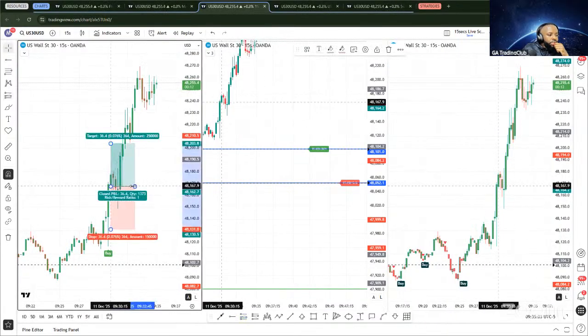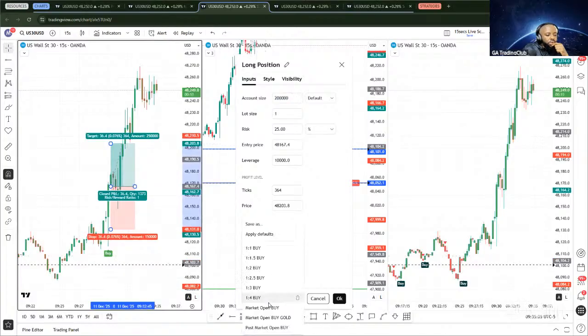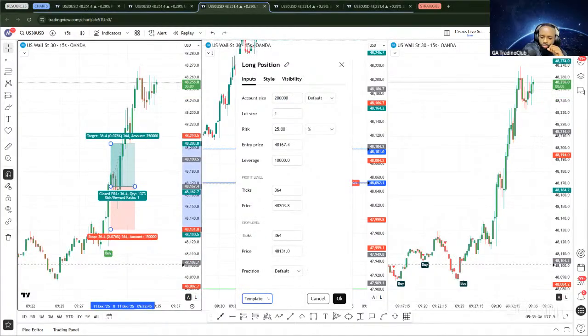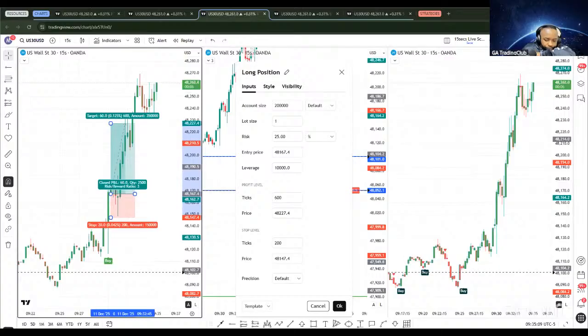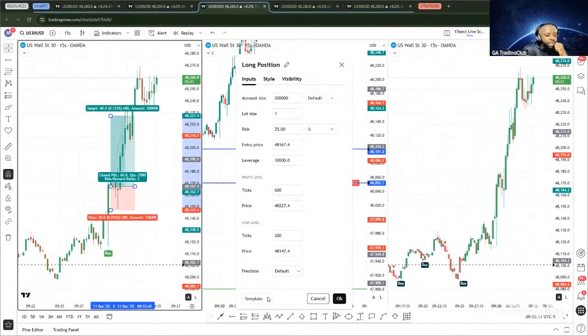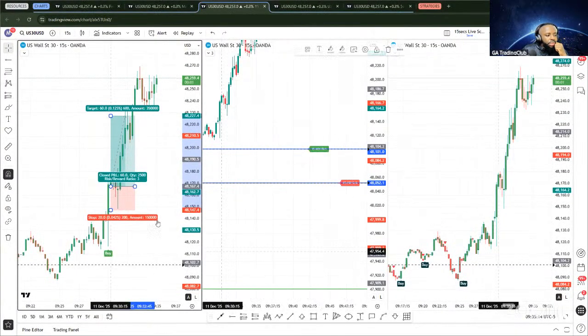This market open scalp also hit TP as well.